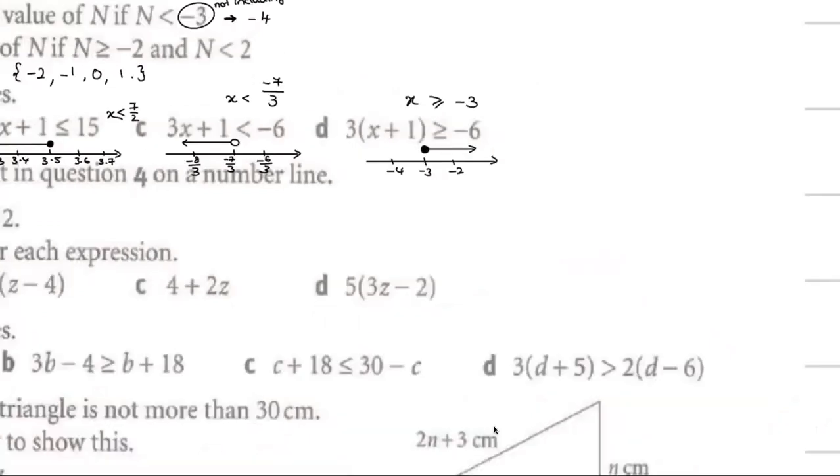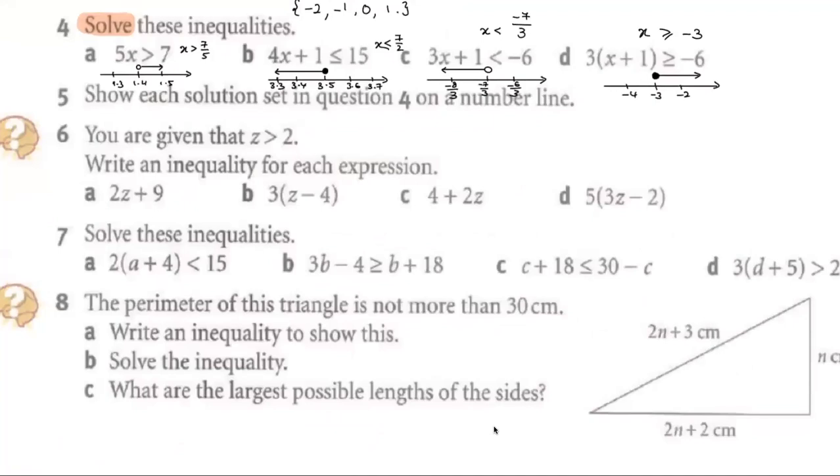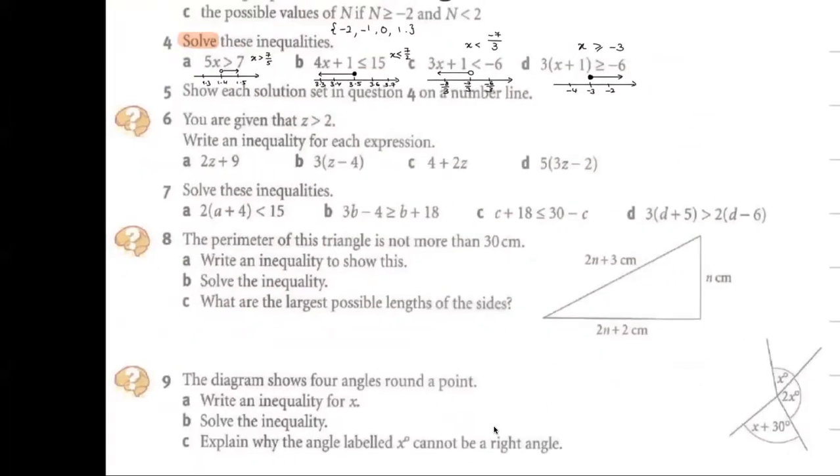Okay, nice. You are given that z is more than 2. Write an inequality for each expression. So z must be more than 2. For this question here, I'm going to show you how it works. For question number 6a, if z is equal to 2, 2z plus 9 is equal to 2 times 2 plus 9. 4 plus 9 is equal to 13.